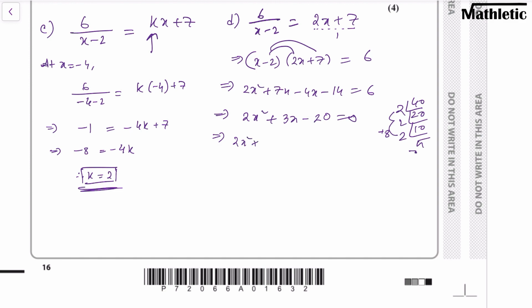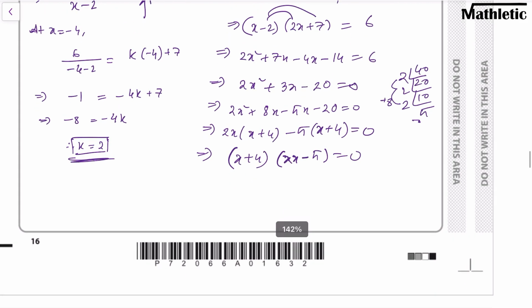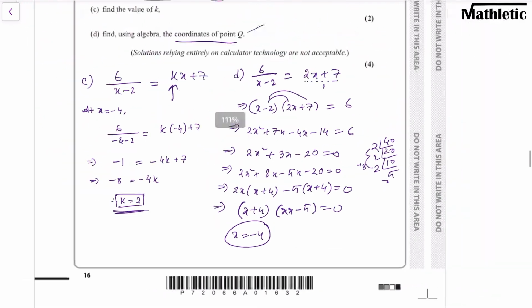So 2x square, positive 8x, negative 5x, minus 20. From the first two terms, if I factorize, 2x into x plus 4, then minus 5 into x plus 4. So you get x plus 4 in one bracket and 2x minus 5. So basically x equals minus 4, which is the x coordinate of P.